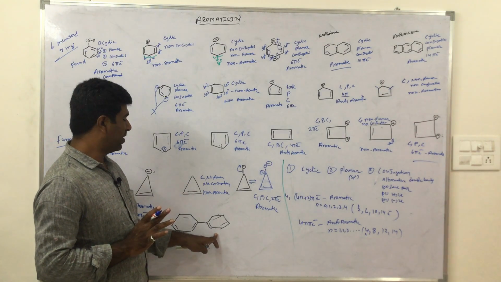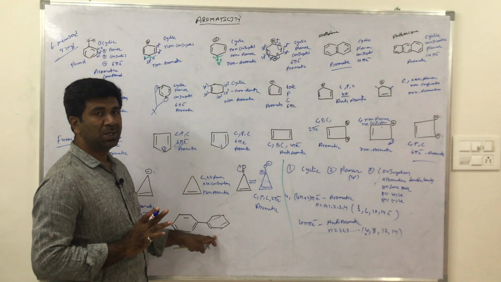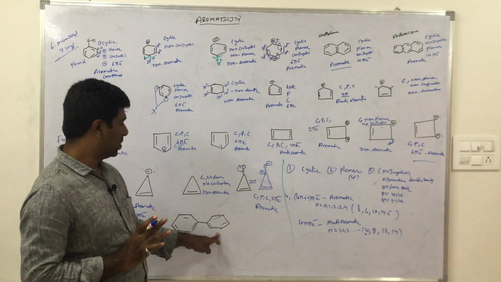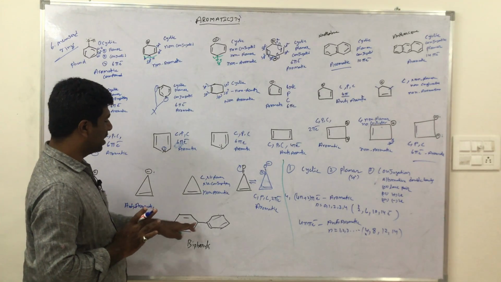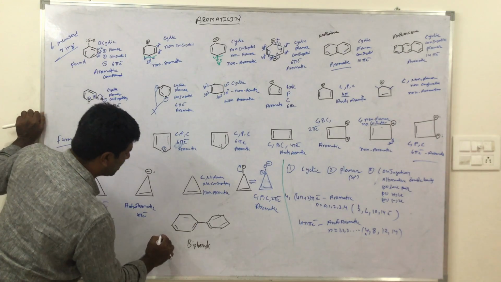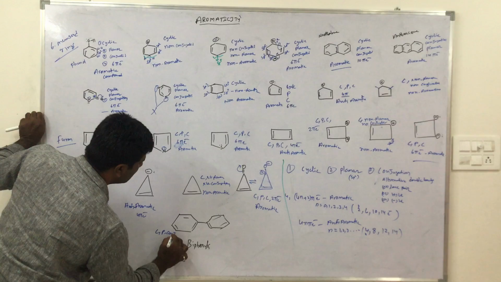In this biphenyls category, we take rings individually. Benzene rings or any other rings individually. Okay, first we find out this ring, and second this ring. First this ring is cyclic, planar, conjugated.